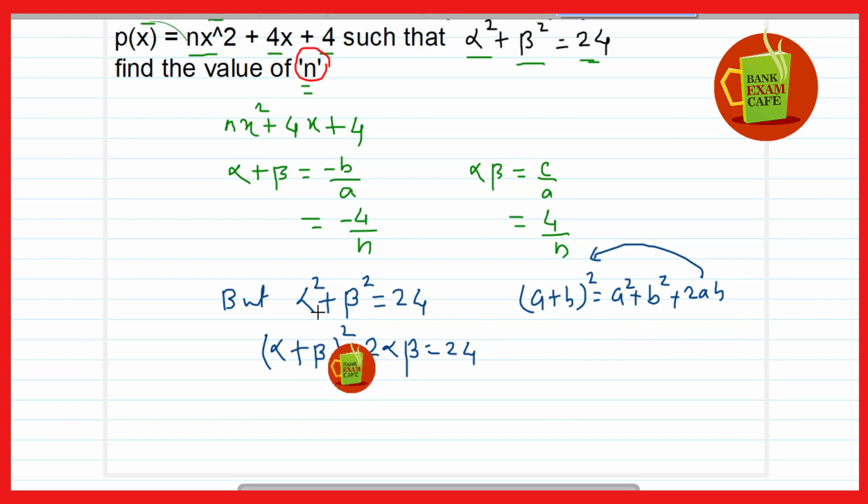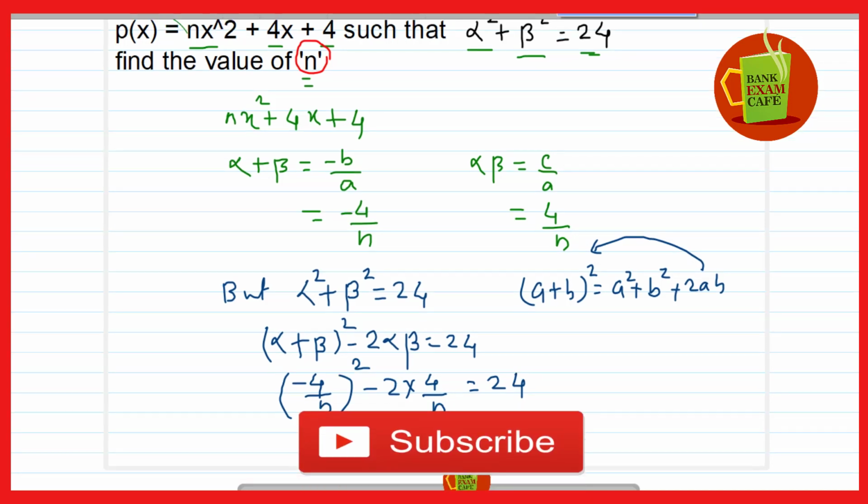Now the sum of the roots we know is minus 4 upon n, bracket square, minus 2 into alpha beta, that is 4 upon n, which is equal to 24. Now we will solve this.